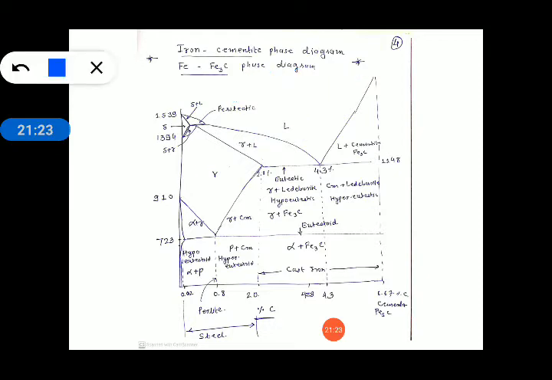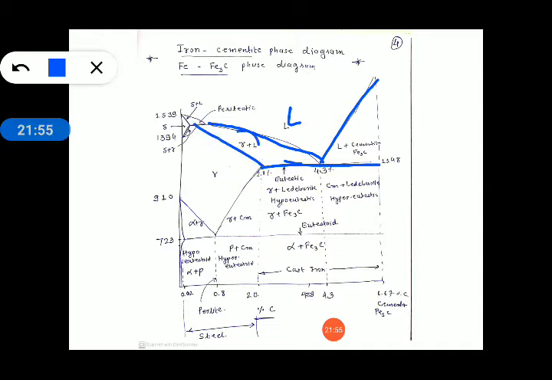Now this is another horizontal line at 1148 degrees centigrade, where this reaction will join like this. Before this, or above this, liquid is there.